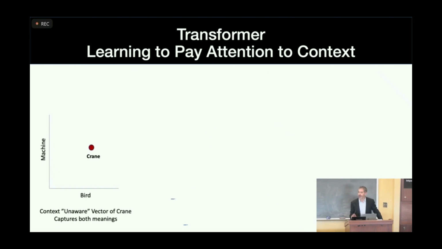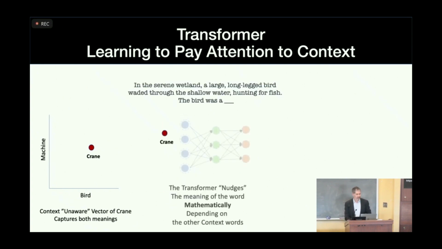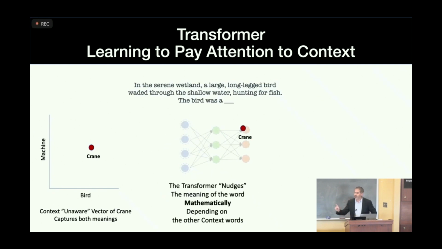So here's a good example. Here's the context-unaware meaning of the word crane as a word vector, meaning that if we see bird on this axis, a machine, what you get just by reading the internet is somewhere in the middle, right? So it doesn't really know what you're asking. But then along came the transformer, and it said, well, why don't we look at what's being asked?